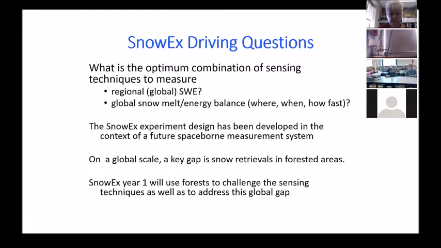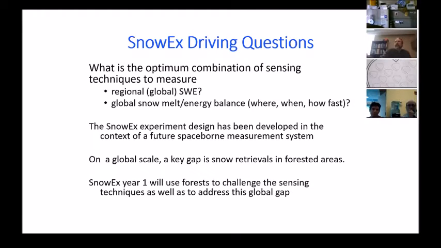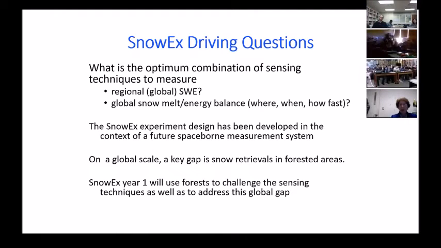So some of the other questions that we're trying to answer, as I just said, we're looking for the optimum combination of sensors. In Colorado right now, during the field experiment that's going on, we've got a number of aircraft flying over with different sensors that are looking at the snowpack in different ways.